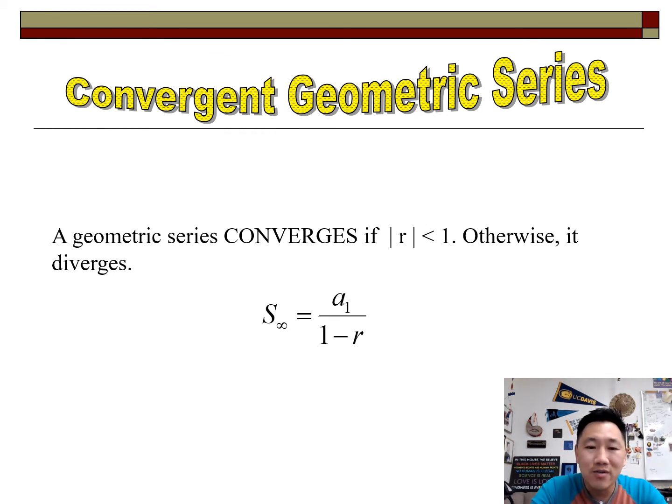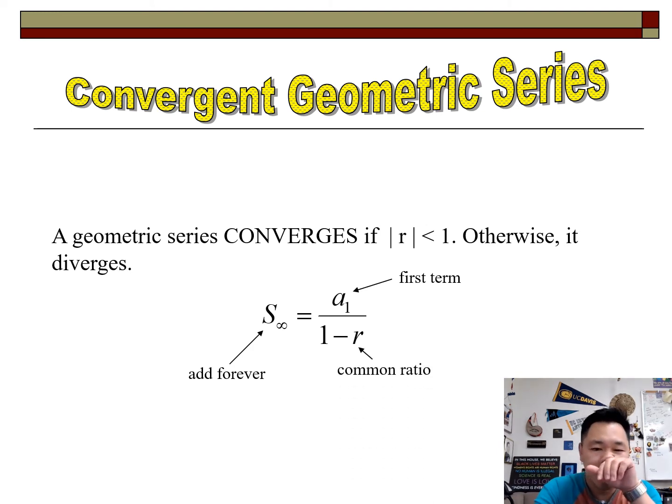A geometric series converges if your r is in between 0 and 1. So basically it's a fraction between 0 and 1. Otherwise it diverges. All right, so the r is important. If I ask you to add forever, there's the first term, and then the r is the common ratio, but the common ratio has to be a fraction that's between 0 and 1.